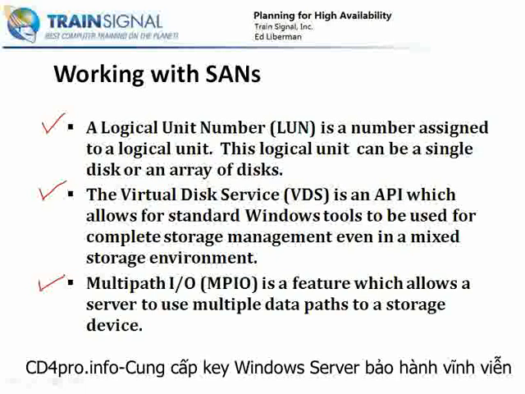You can have multiple servers all trying to access this one centralized area of storage. Well, as a specific server is trying to access that storage, that line of communication could go down. But with multipath input-output, now we have high availability, redundancy, fault tolerance built into even that connectivity.